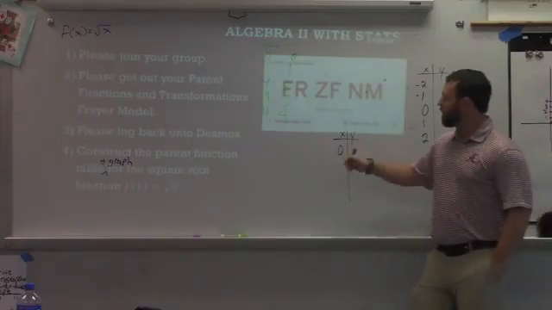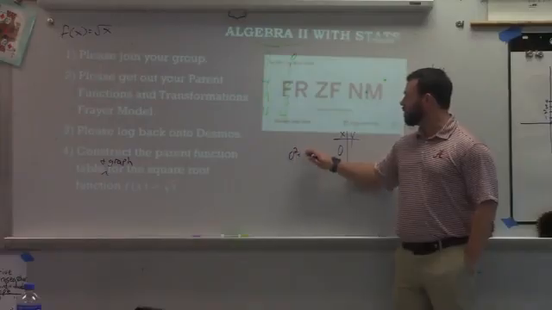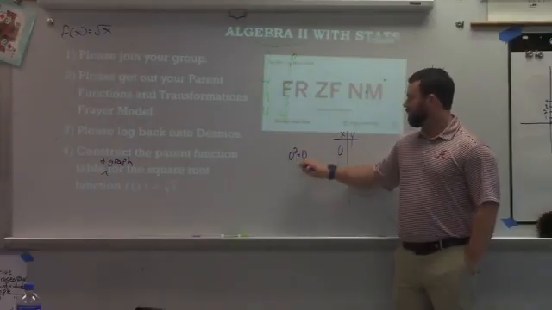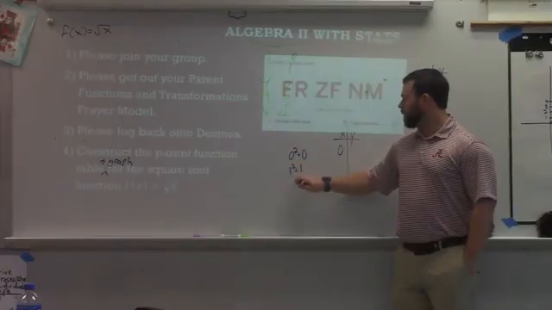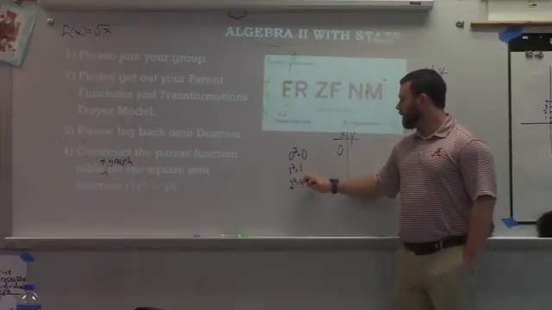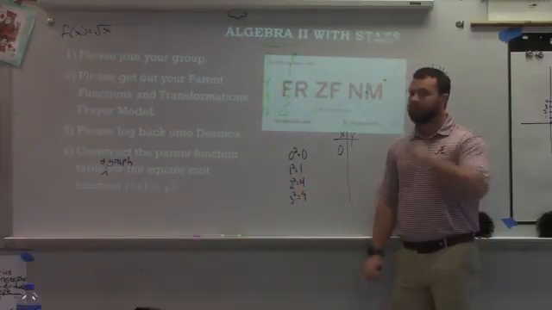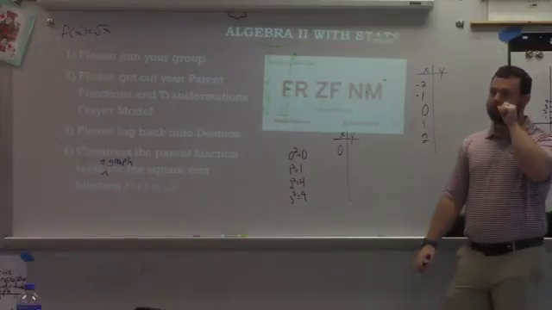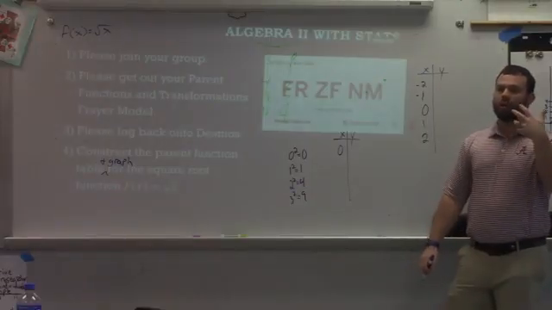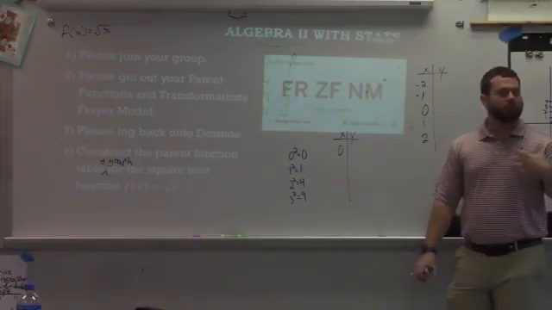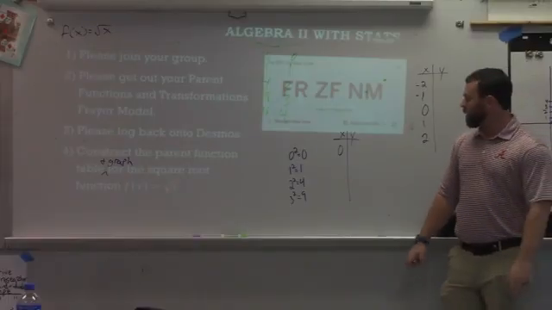So when I say a perfect square, what I'm talking about is, what is 0 squared? 0. What is 1 squared? 1. What is 2 squared? These are my perfect squares on the right-hand side. Those are the inputs I'm going to want to use with a square root function. We need to be able to quickly identify that. I got a square root function. I need my perfect squares.